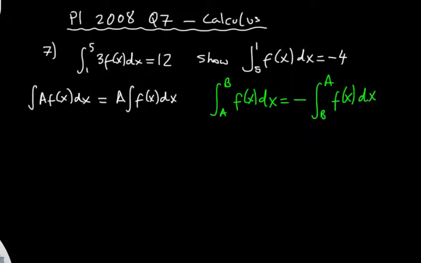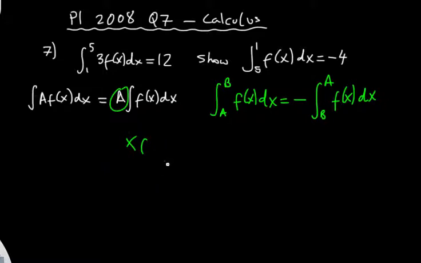These are the two things they're testing whether we know. They're not very complicated. Basically the sign changes if we swap the limits, and the constants you can always take out, but remember it's only if it's a constant. If you have x f of x, you can't take the x outside because that's not a constant, that's a variable.